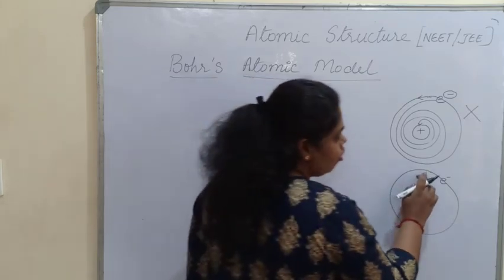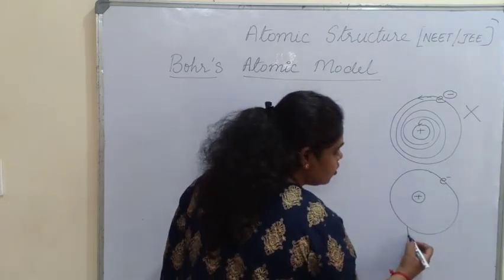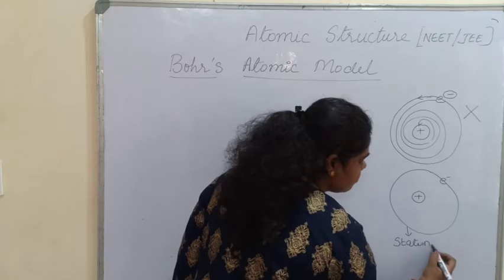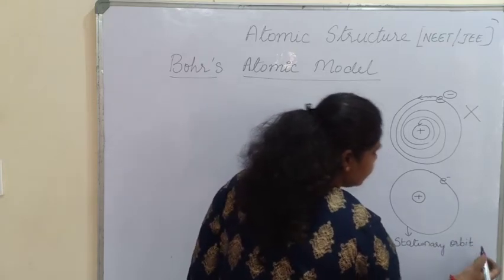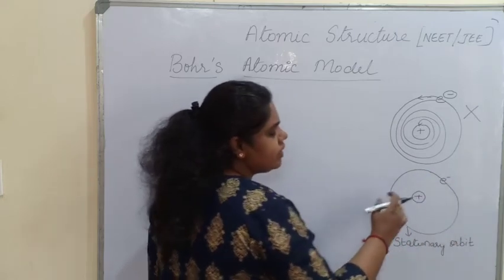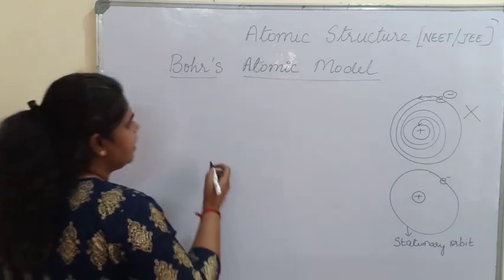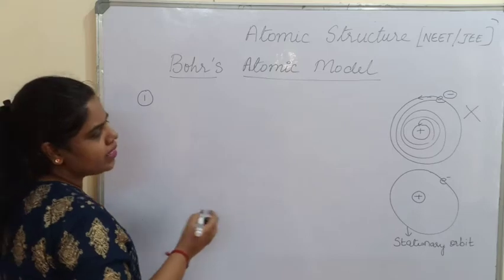Such an orbit we call a stationary orbit. As long as the electron is moving in the stationary orbit, it will not lose or gain energy.